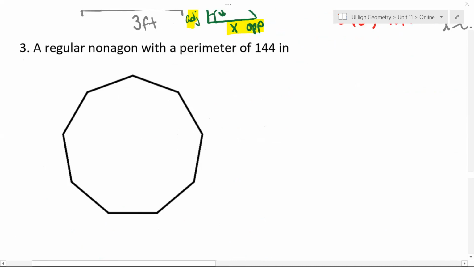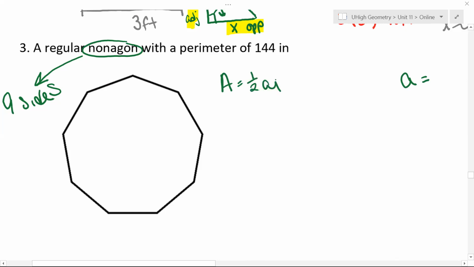So a regular nonagon, this word nonagon means that I have 9 sides, with a perimeter of 144 inches. So what that means is I just have to find my apothem here, because I know my area is 1/2 the apothem times the perimeter.